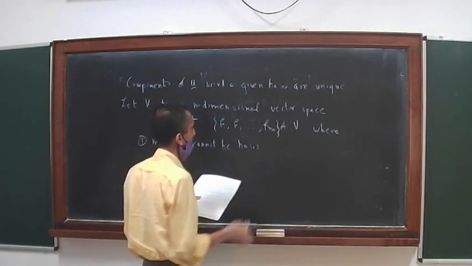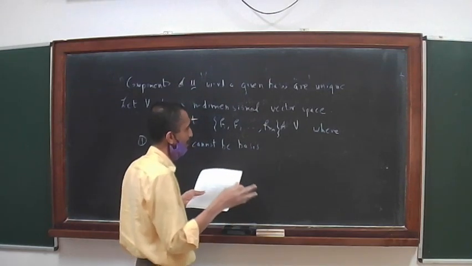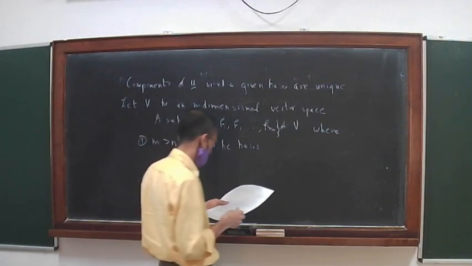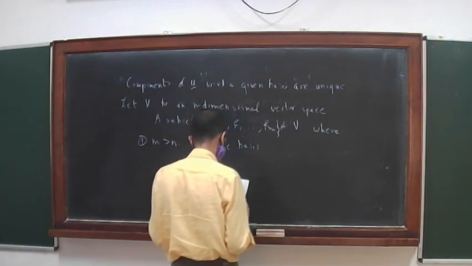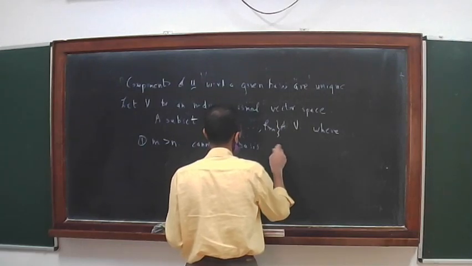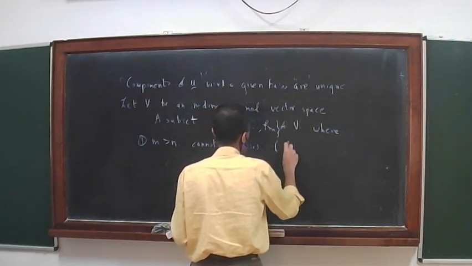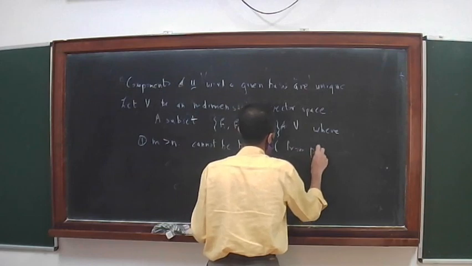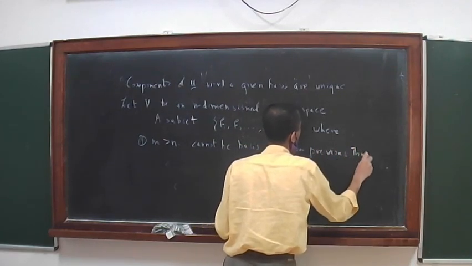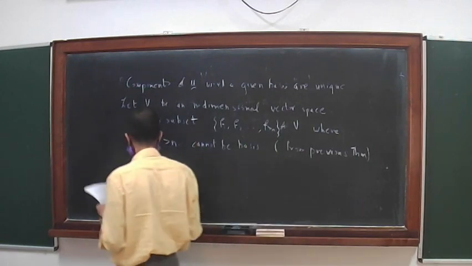In the previous theorem we have seen that for an n-dimensional vector space, n is going to be the number of elements, right? So this cannot be a basis, from the previous theorem. Then the next case is m less than n.